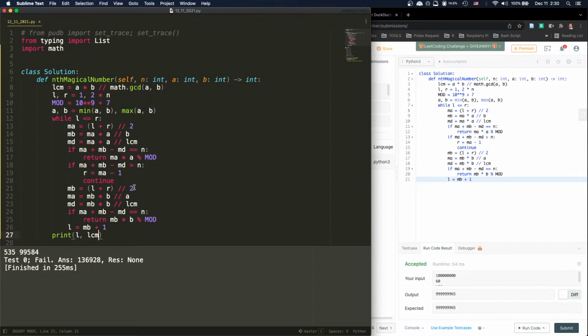Right, so now MB is going to equal 534. If MB is 534 times B, 389, this one gives us 207726. So that's definitely too big, but we're going to still try. And it's 811 for the MA.